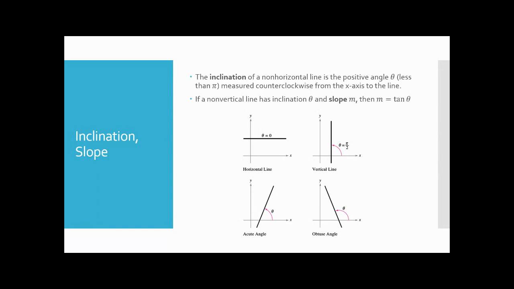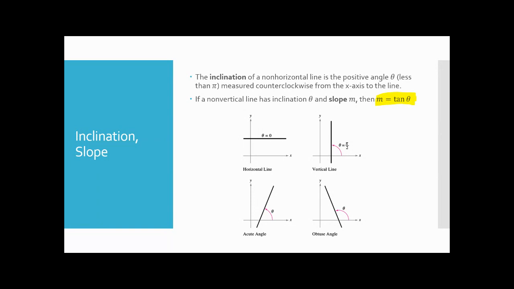So if you have something that's greater than pi, then you're going to measure the angle sort of underneath the horizontal axis. If a non-vertical line has an inclination of theta and the slope is m, then the slope is equal to tangent of the angle.